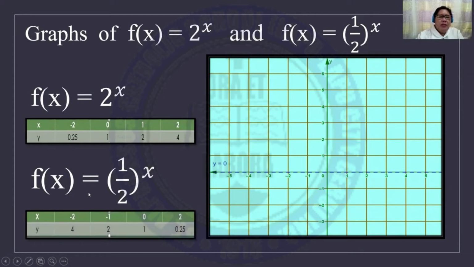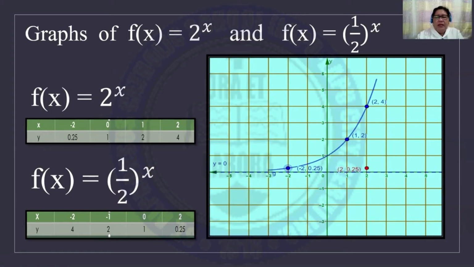For the function 1/2 raised to x, we have -2, 4, -1, 2, and so on. So let us have now the graph. For the first one, we will plot the points of 2 raised to x and then connect with a curve.